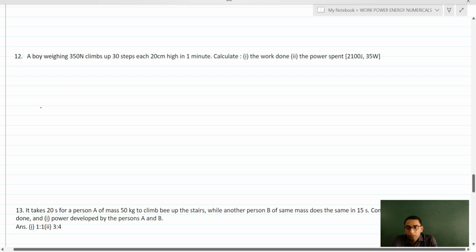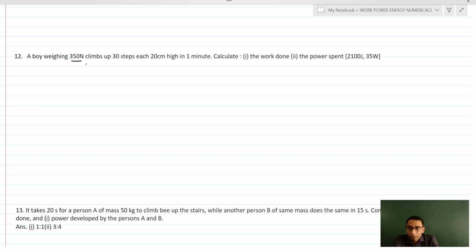Now, this is a good problem. The boy weighs this many newtons and he climbs 30 steps. So one step is, I think, 20 centimeter high. So the boy climbs up by 20 divided by 100 meters, because this is in centimeter and I need to convert that into meters.